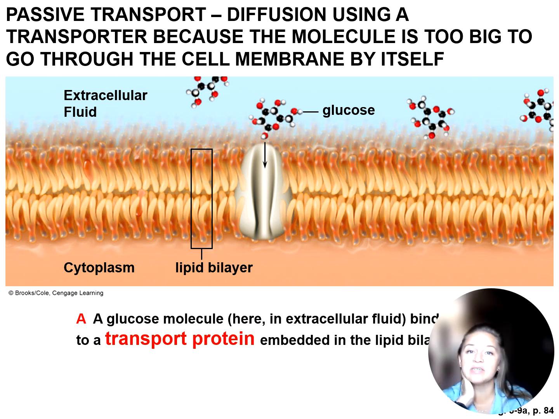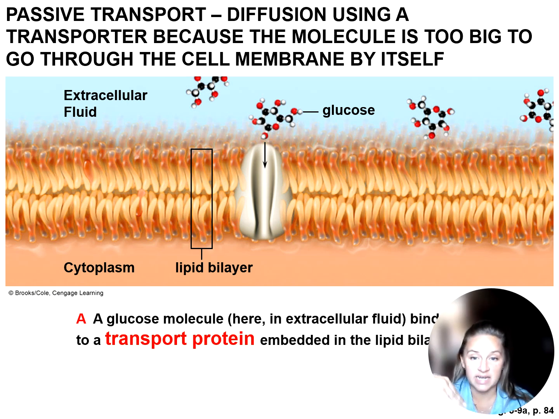So this is another example of passive transport. We're still going down our concentration gradient, but we need a carrier protein to do it. So we're using the transport protein to go through. And what makes this passive instead of active is that there's no energy required because we're still going down the concentration gradient. So you see there's more glucose in the extracellular fluid than there is in the cytoplasm.